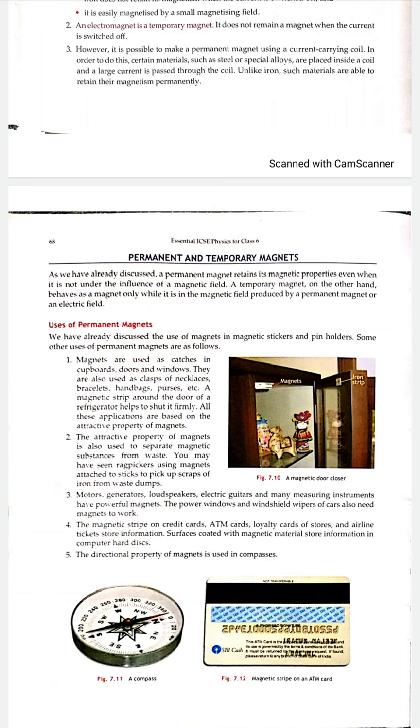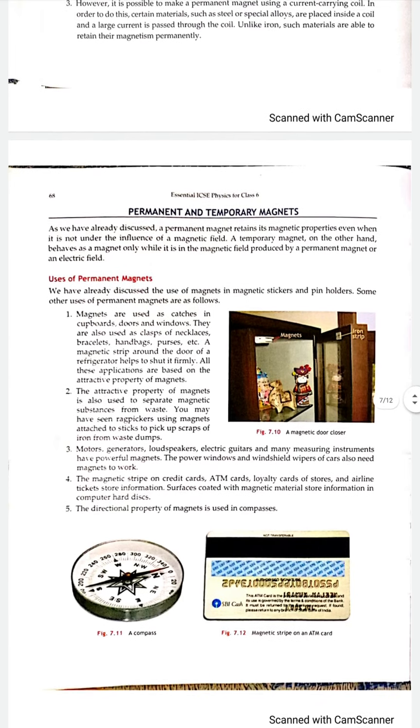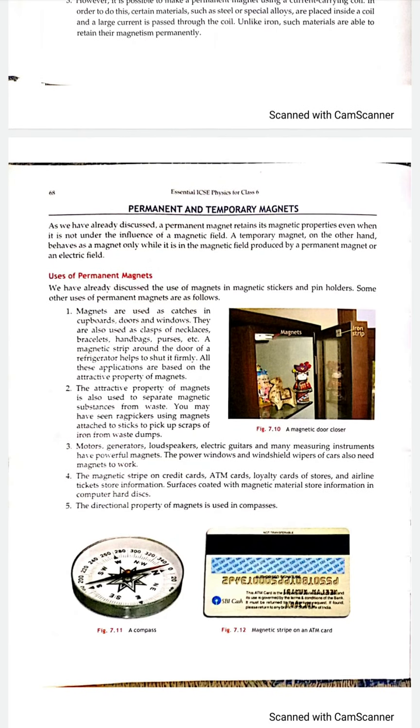Magnets are widely used in our day-to-day life. For example, they are used as the magnetic catches in the cupboards, drawers, or the windows. They are used as the clasps of the necklace, bracelets, handbags. A magnetic strip around the door of a refrigerator helps it to shut itself firmly.